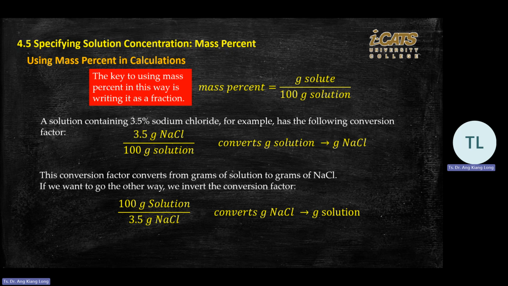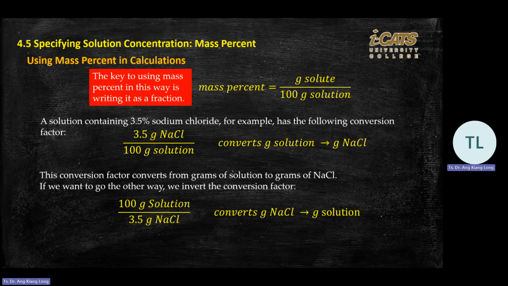This is how you do the conversion. If you want to convert grams of solution into grams of solute, you use this conversion. If you want to convert grams of NaCl into solution, you reverse the fraction.